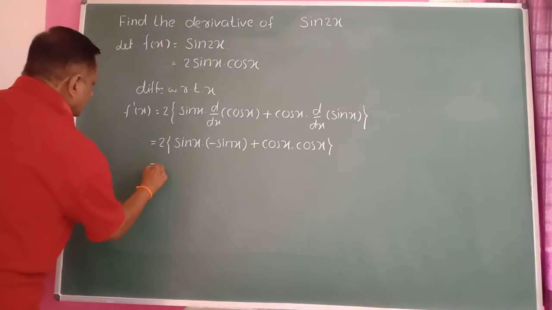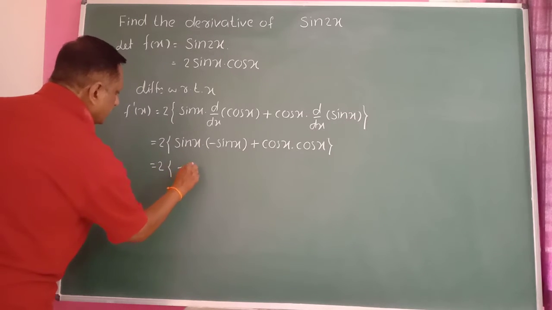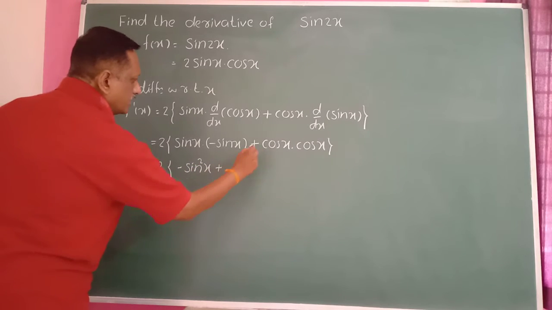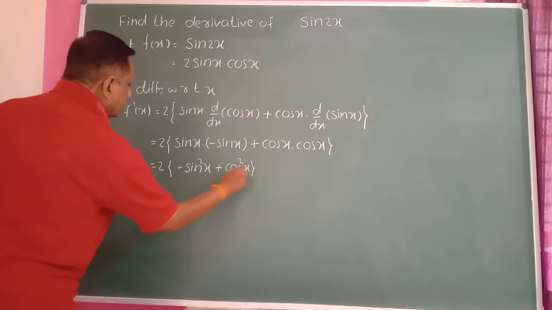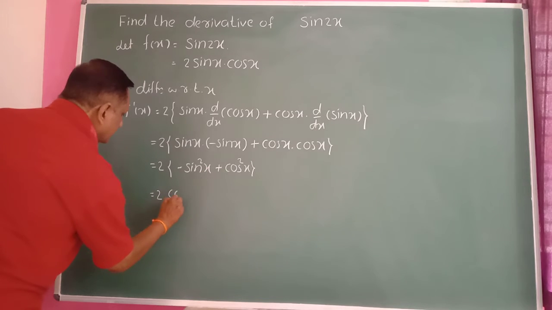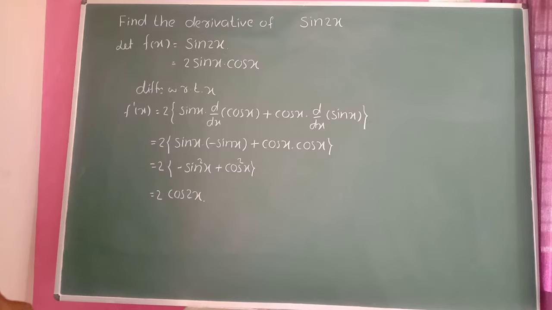Hence 2 into bracket sin x into minus sin x, minus sin square x, then plus cos x into cos x becomes cos square x. Hence this equals 2 into cos square x minus sin square x, which is cos 2x. 2 cos 2x is the answer here.